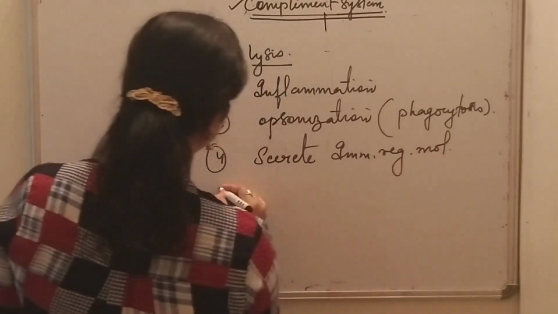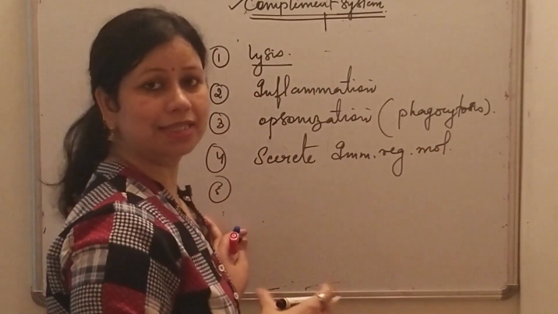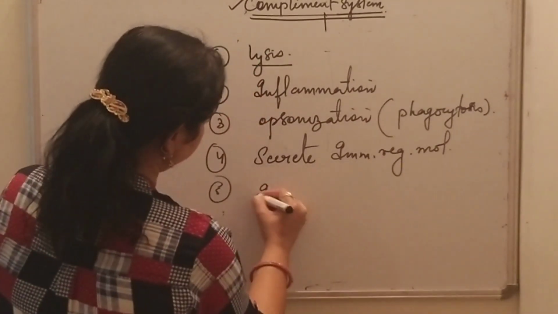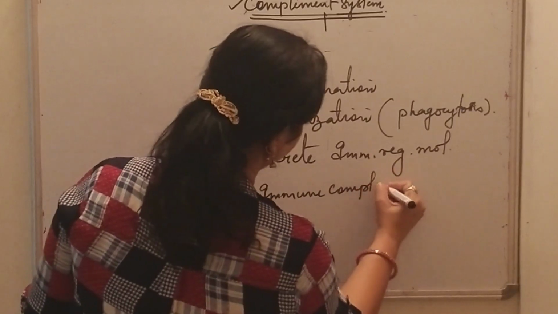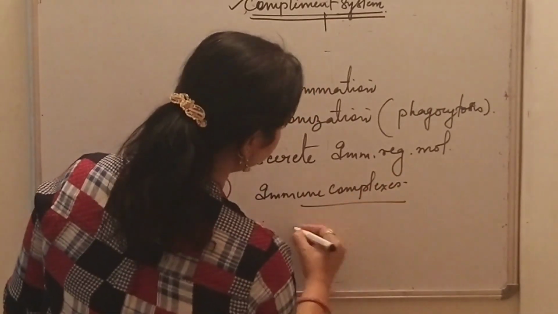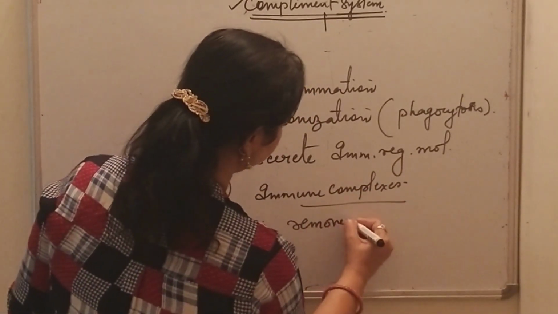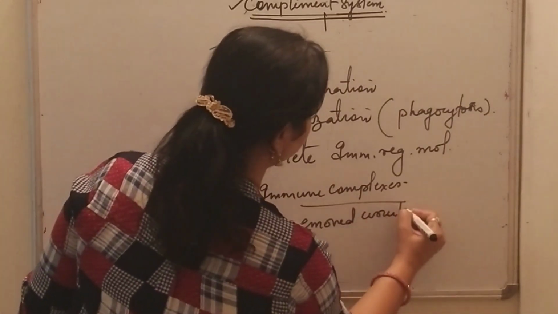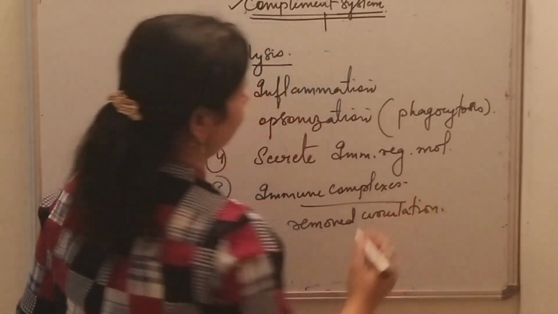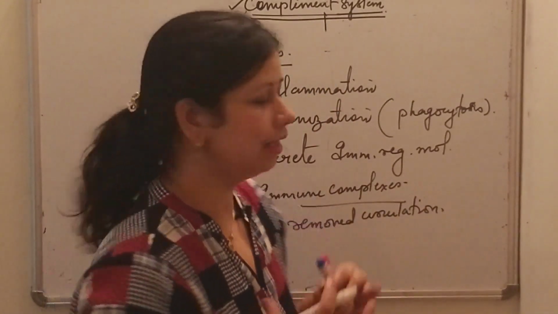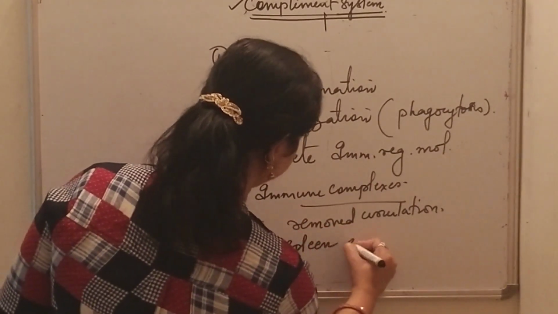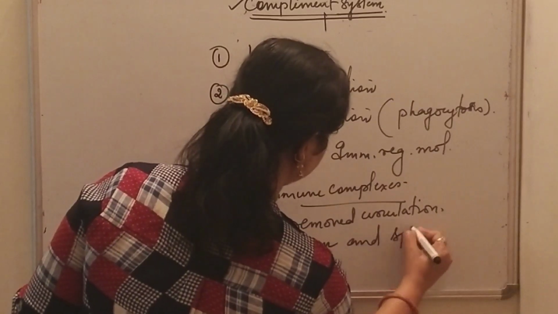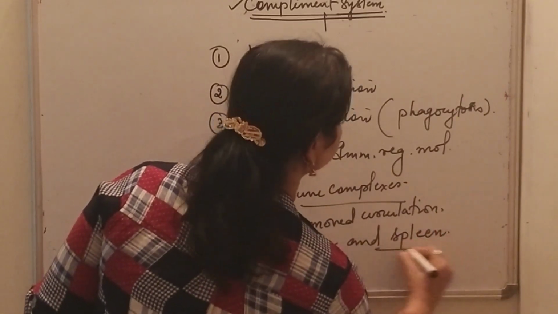Another function is immune clearance: immune complexes are removed from circulation and deposited in the liver and spleen.